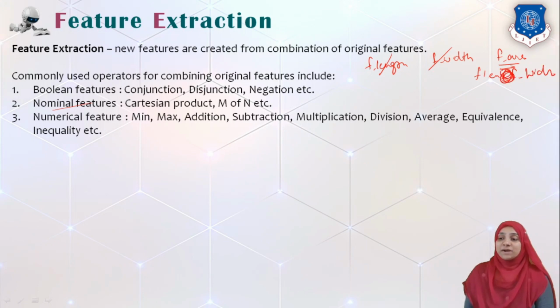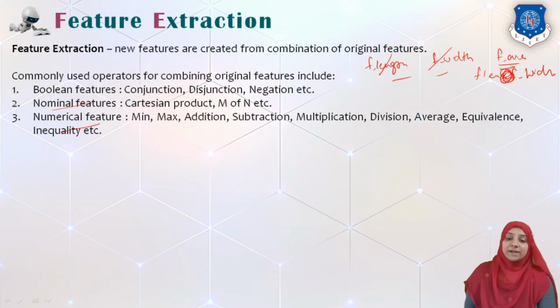I have performed multiplication because my length and breadth are numerical features. So here I have applied an operation called multiplication. Creating a new feature from existing features is called feature extraction.